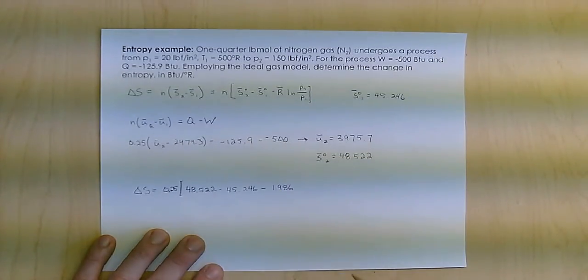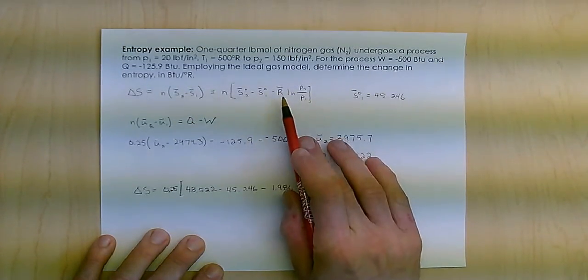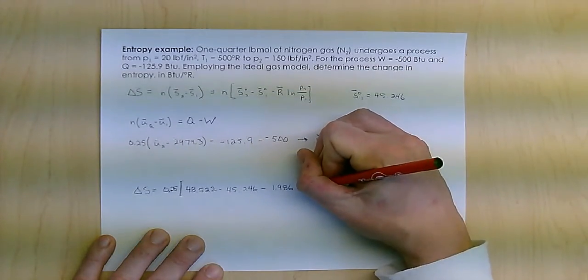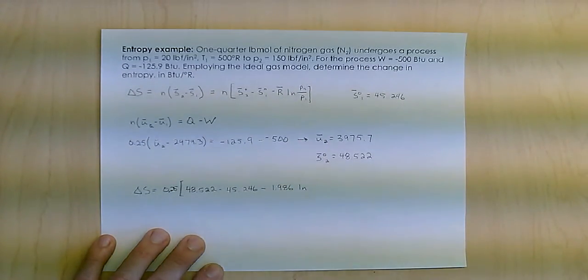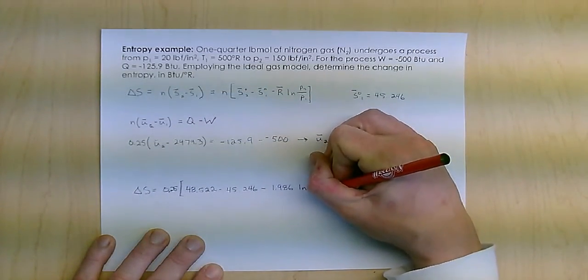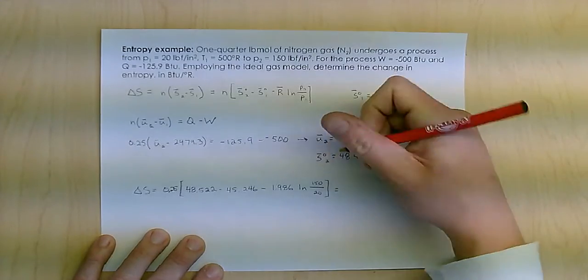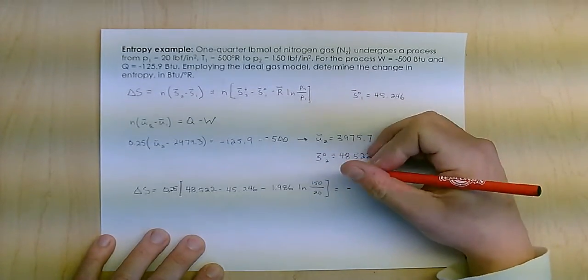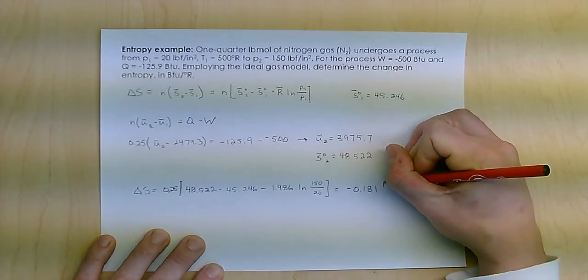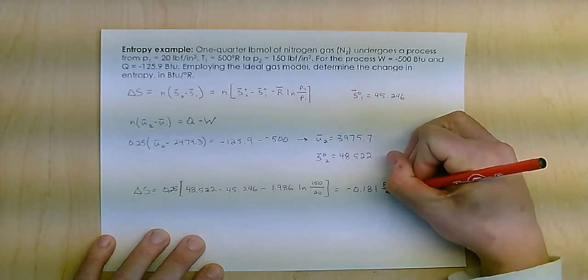So I don't need any conversion, and I use the BTU version of R bar. That's times the natural log of 150 over 20. When I plug all that in, I find that the change in entropy is negative 0.81 BTU per Rankine.